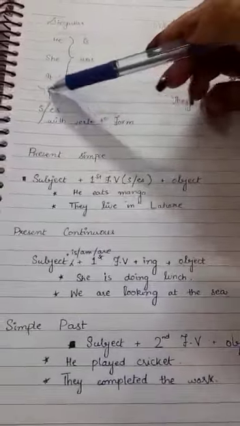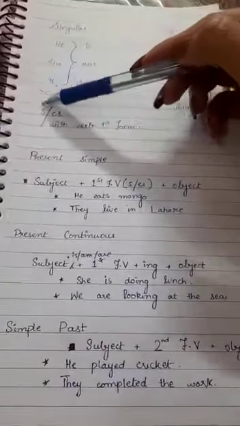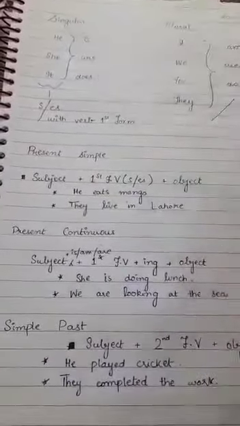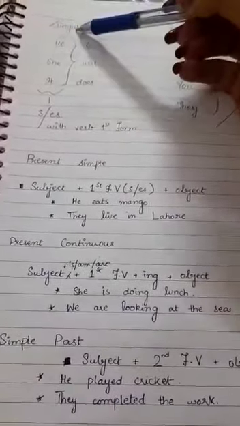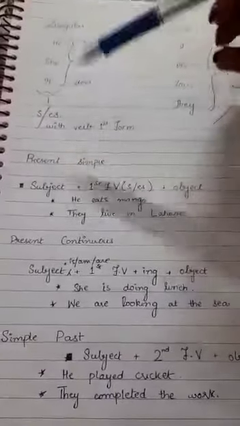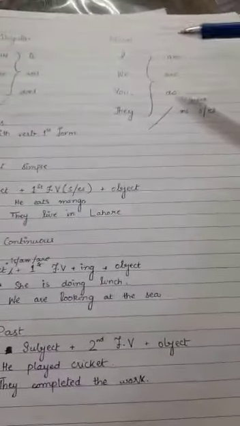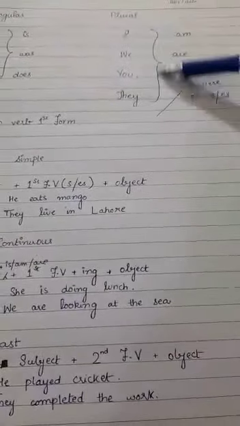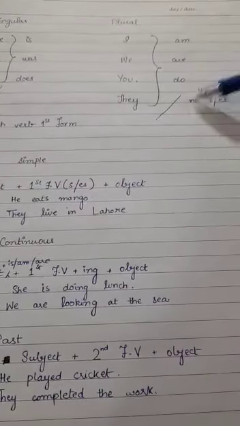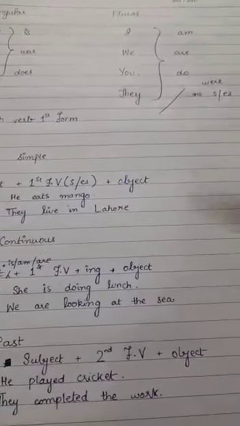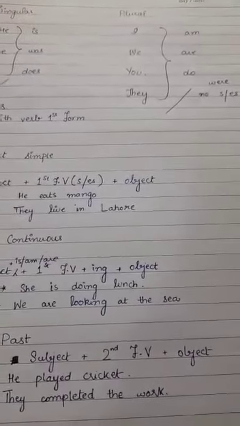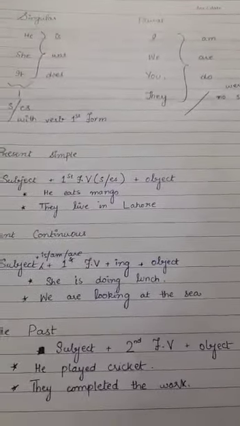So we use s or es if we have these subjects at the starting. For example, he eats, she drinks. These kinds of sentences. But in the plural ones, we do not use s or es. For example, we eat, they play. We will not write it as they plays. Okay, it will be wrong.